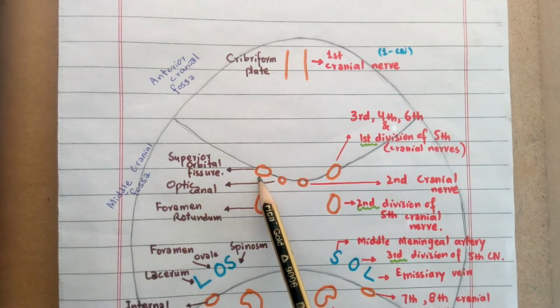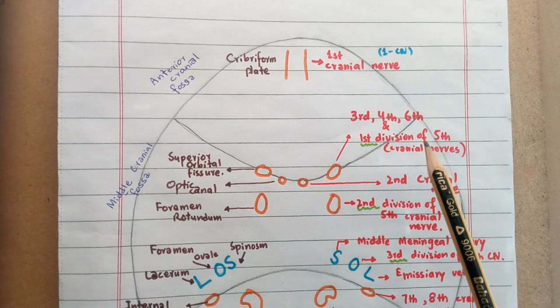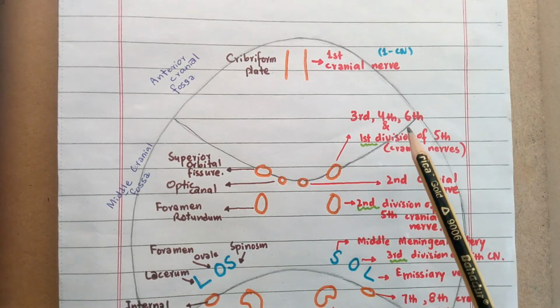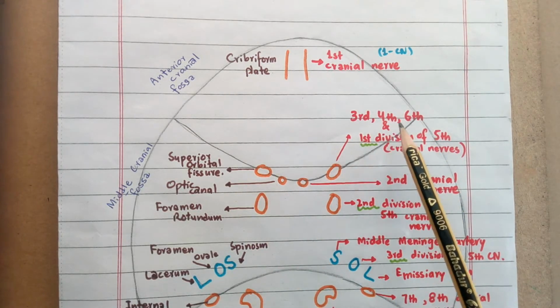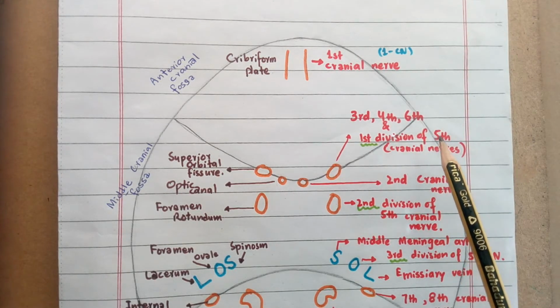The structures that pass through the superior orbital fissure are the third, fourth, and sixth cranial nerves, and the first division of the fifth cranial nerve.